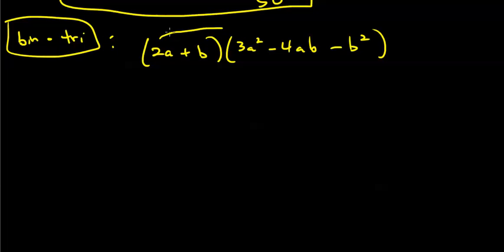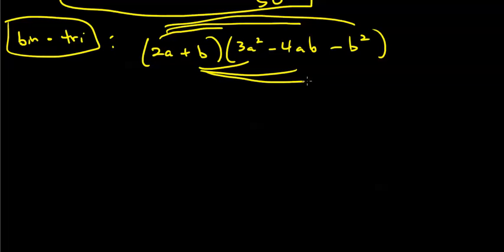Here's how I like to denote it. First thing I'll do is distribute every term in that trinomial by 2a. In other words, distribute the 2a factor across the trinomial and then play the same game with that second term in the binomial.